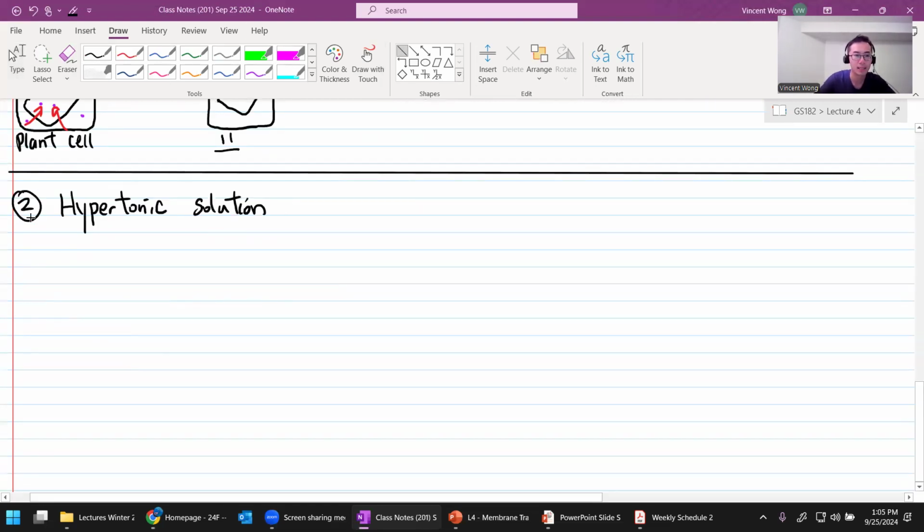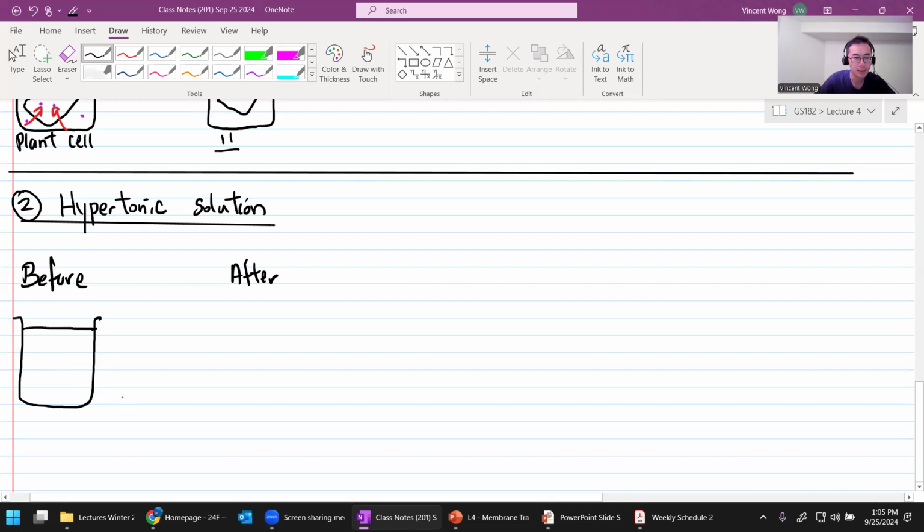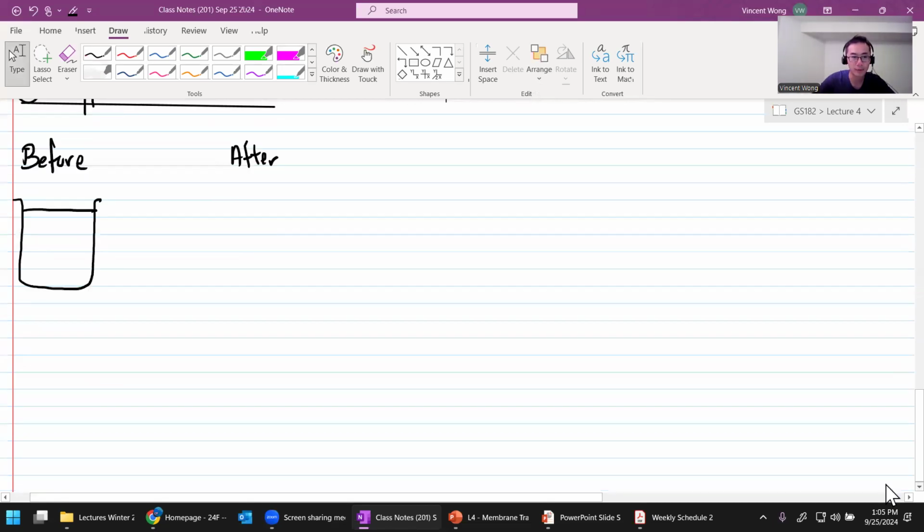That's what hyper means. So let's do the before and the after. And we are going to draw the beaker again. This is just water. And after it, we'll see what happens afterwards. But then we're going to do another one here, another beaker.